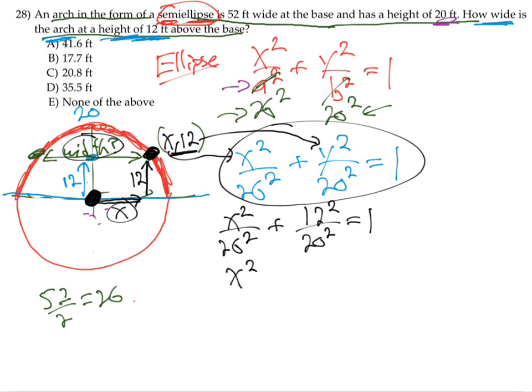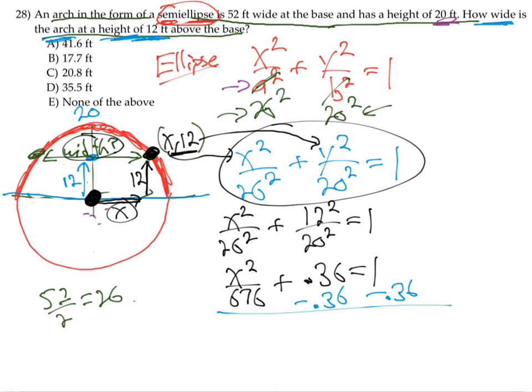All right, so then let's work this thing out. 26 squared, with our calculator here, is 676. 12 squared over 20 squared turns out to be 0.36. Trying to solve for x now. Subtract 0.36 from both sides, and I'll get x squared over 676 is 0.64. Next step to finish getting x alone, multiply by 676.